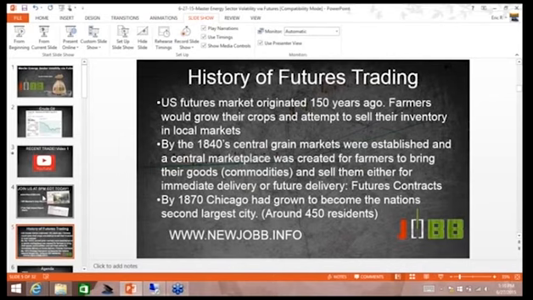Futures first came about with people who actually needed the goods. For example, if you had a bakery and you needed wheat, and you knew that in December, the holiday season, you needed a large quantity, then let's say right now it's June, you could make a contract with a farmer for bushels of wheat to be delivered in December.